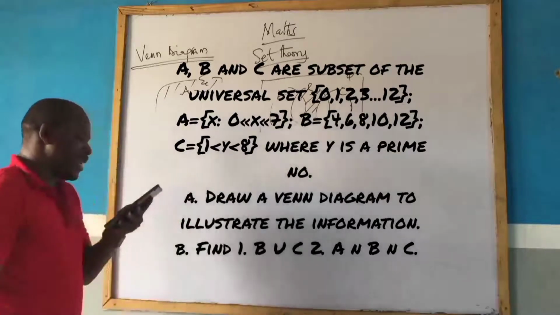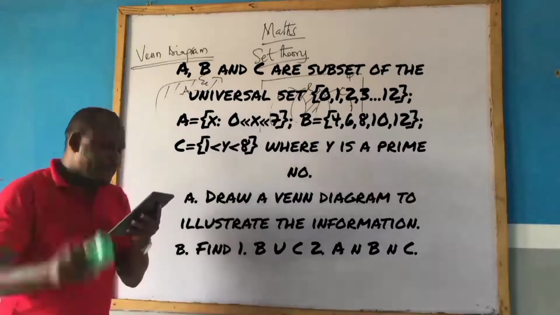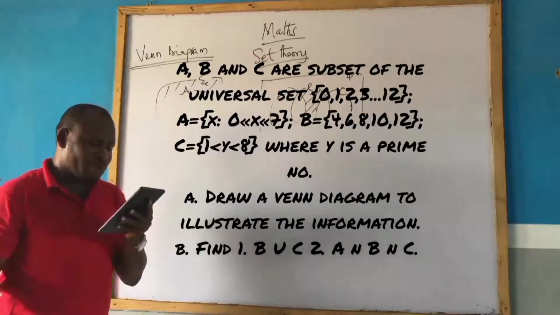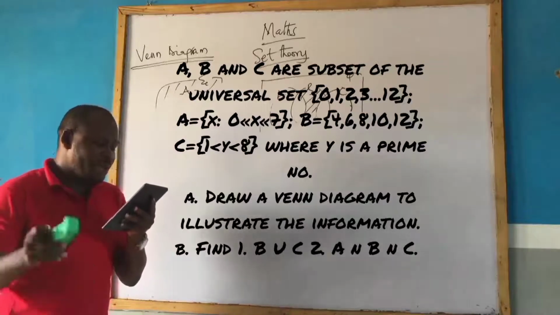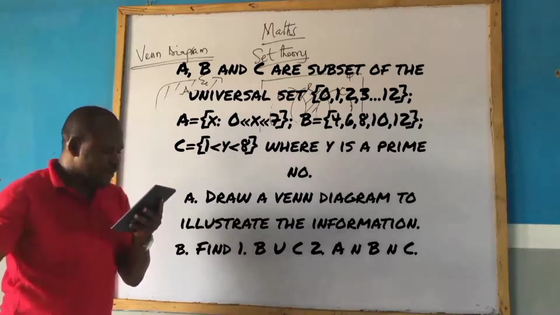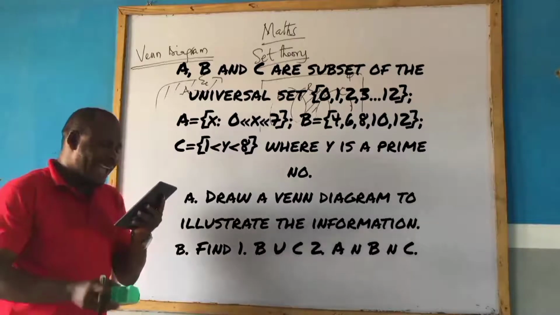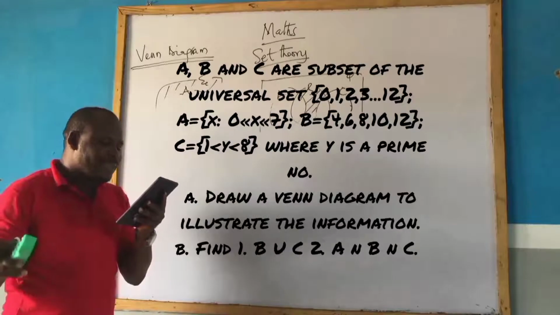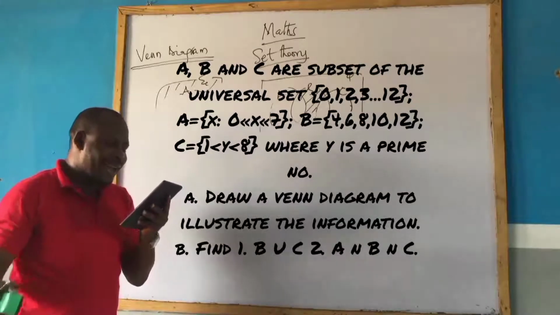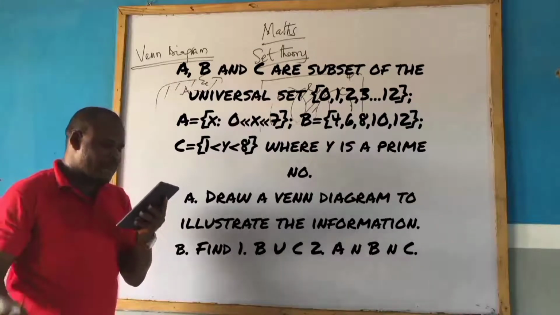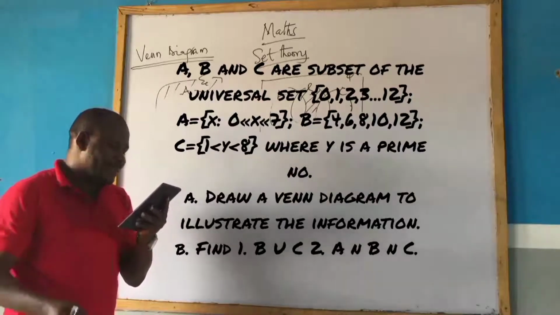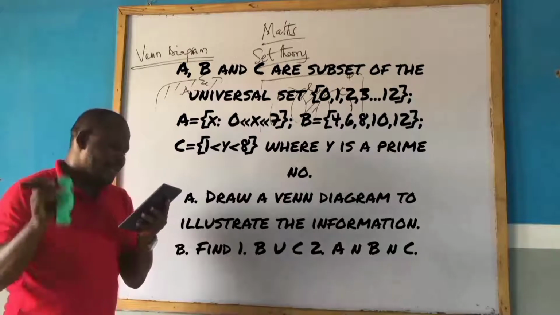I'll repeat the question again. A, B, and C are subsets of the universal set U, such that U equals 0 to 12. A equals X, such that 0 is less than or equal to X, and X is less than or equal to 7. B equals 4, 6, 8, 10, 12.